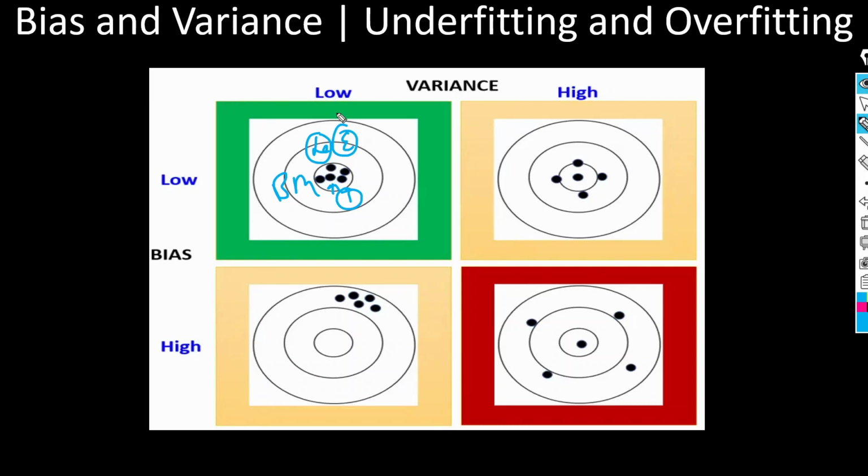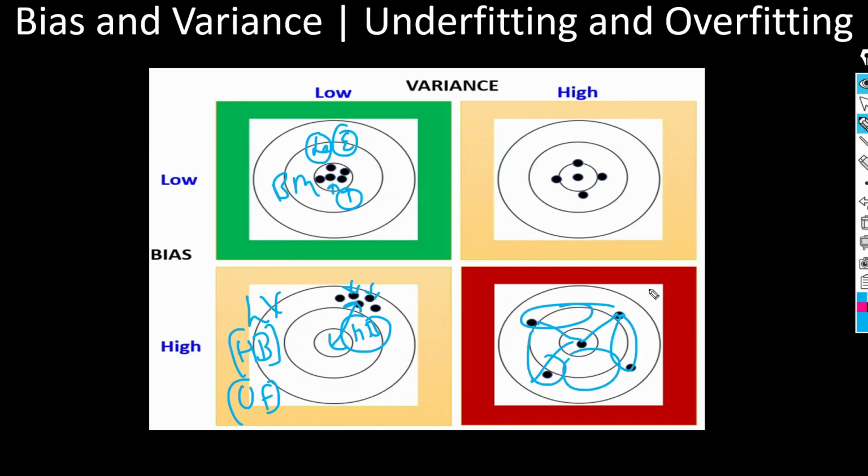And here we have low variance and high bias. This is called underfitting. It means less variance. If you see here, there is less variability, but the error is high, right? And here we have high bias and high variability, if you see here, right? So this is the wrong model.